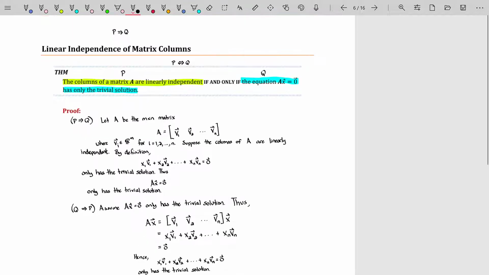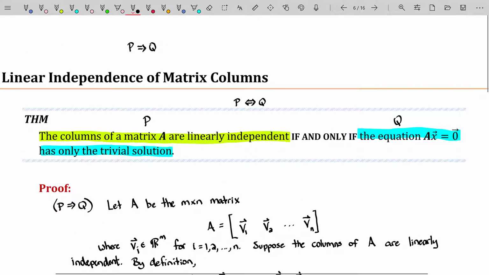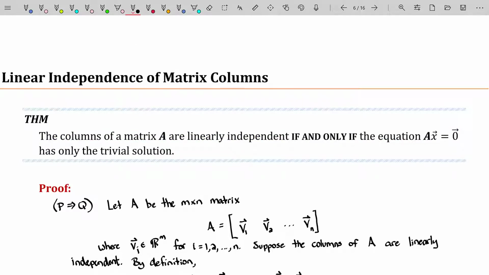A little aside here that I didn't bother typing out, but something that might be helpful in the future. If you're watching through all of the videos that I produce for linear algebra, then you've heard my conversation about a theorem and its contrapositive, that they are actually the same statements.